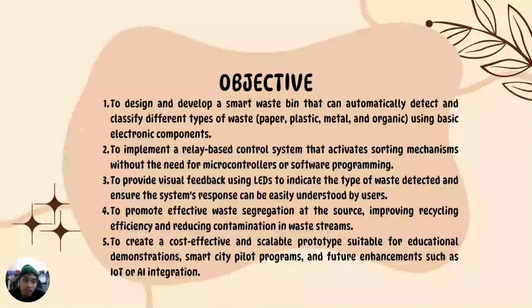Third, to provide visual feedback using LEDs to indicate the type of waste detected and ensure the system responds. Fourth, to promote effective waste segregation at the source, improving recycling efficiency and reducing contamination in the waste stream. And the last one is to create a cost-effective and scalable prototype suitable for educational demonstration, smart city programs, and future enhancements such as IoT and AI integration.